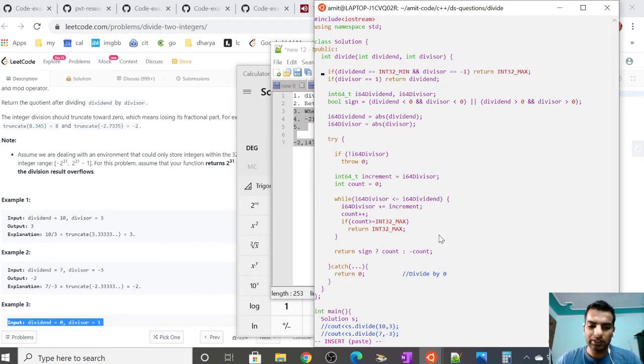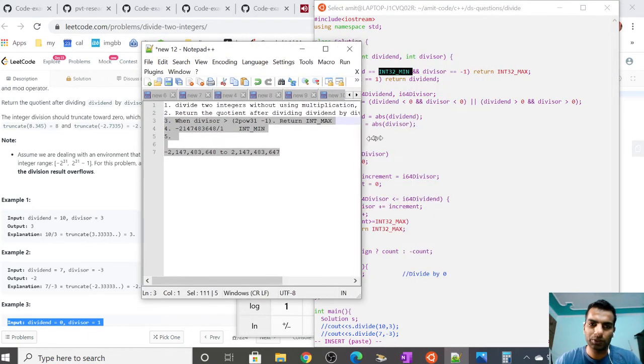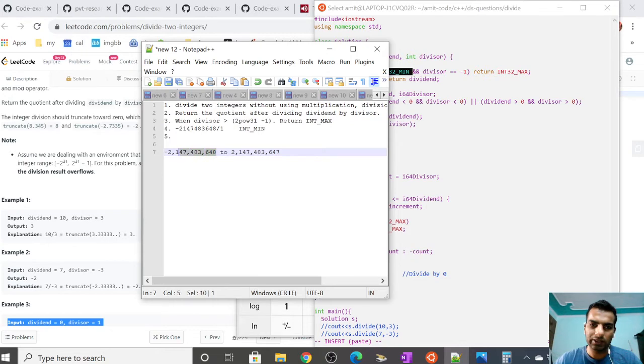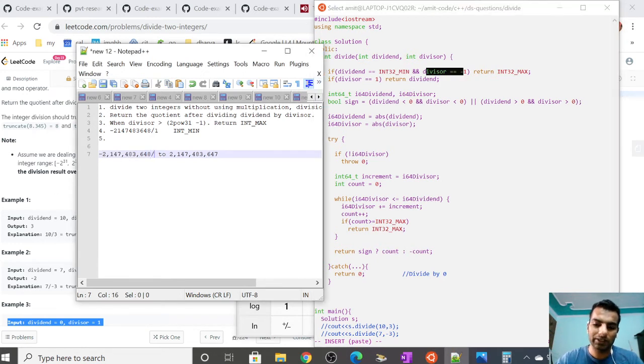In this case, I have just checked if the dividend is integer min 32, that is minus 2147483648, and the divisor is minus 1. So it means the dividend is this and it's divided by minus 1.